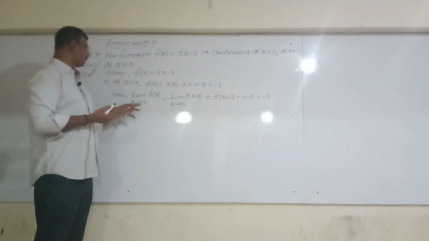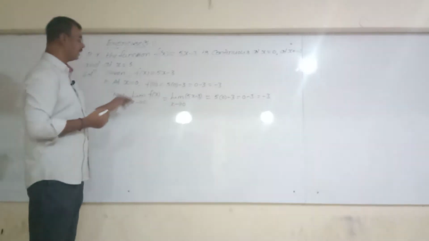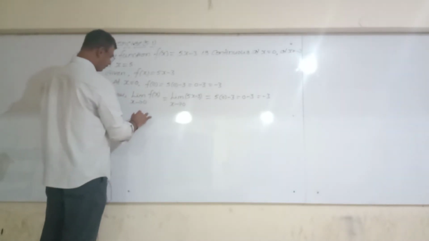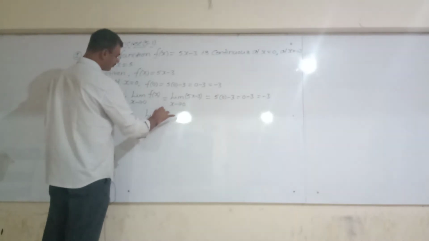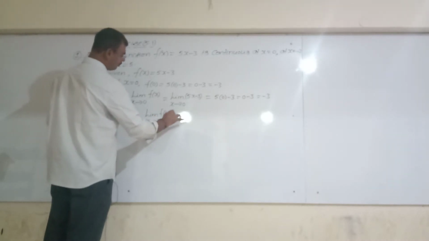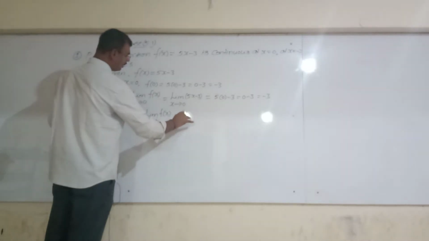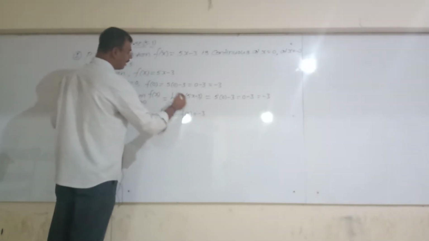We observe what? The limit of the function is equal to f of 0. Therefore, limit of f of x as x approaches 0 is f of 0, which is equal to minus 3.